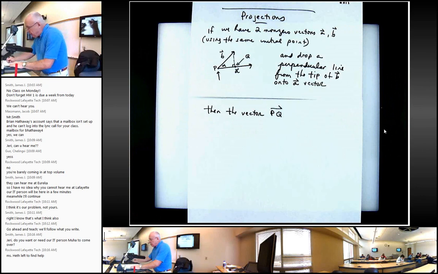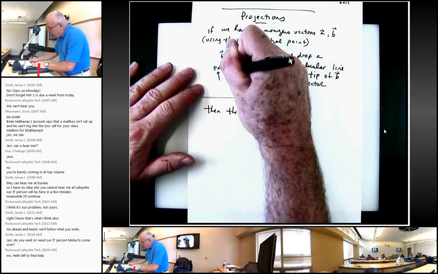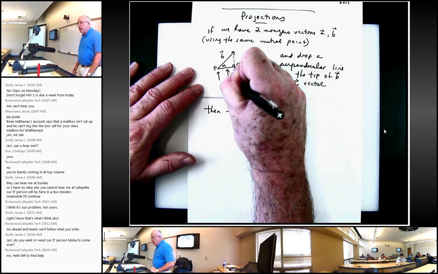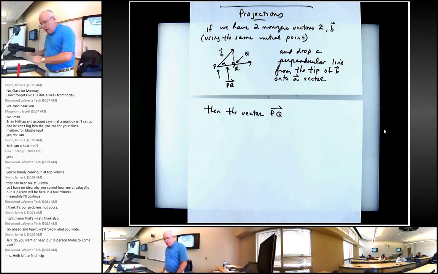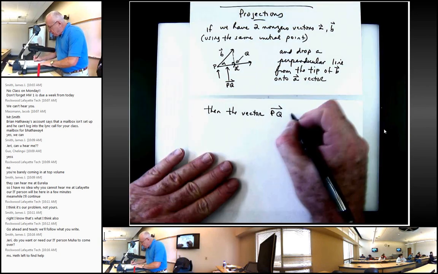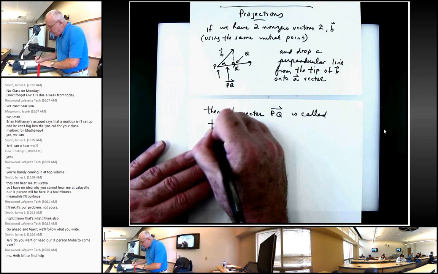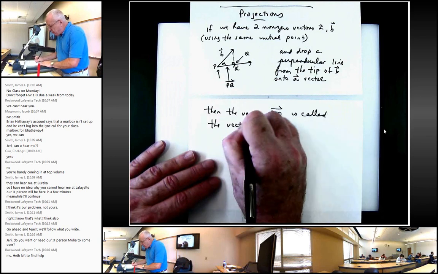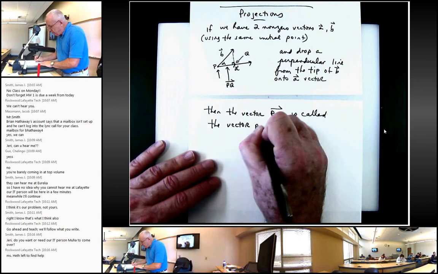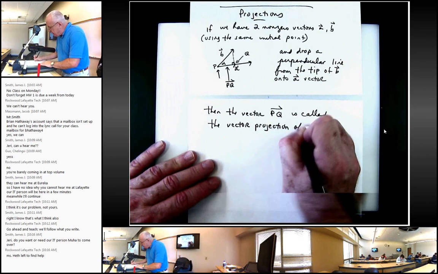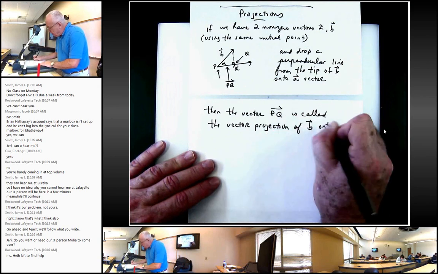This right here is called PQ with an arrow on top of it. This vector PQ is called the vector projection of the vector B onto the vector A.